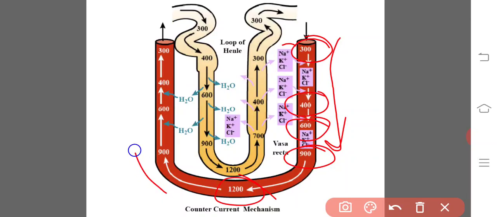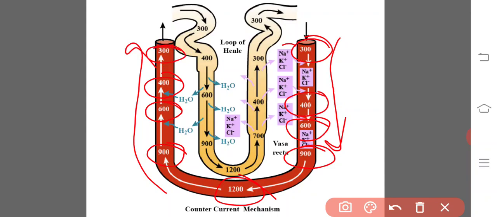And again as it moves towards the cortical region, it adds water and becomes hypotonic.